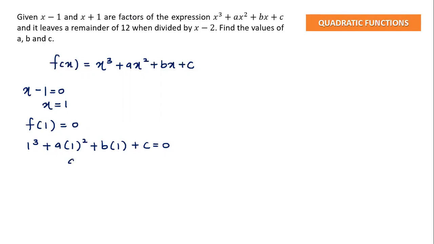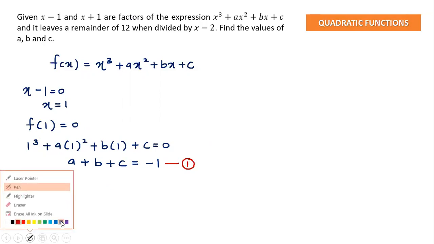You're going to get a plus b plus c equals, bringing this over to this side, negative 1. So I already have the first equation, called equation 1. Slowly, slowly we do. Hope that you understand.